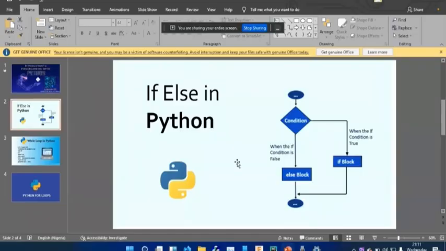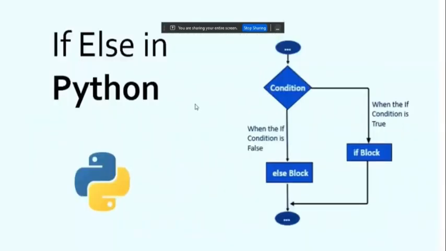In today's class, we're going to be covering control structures, which are if statements. In Python, we have conditional statements. So we have if statements. An if statement is a statement that runs a block of code once a certain condition is true.